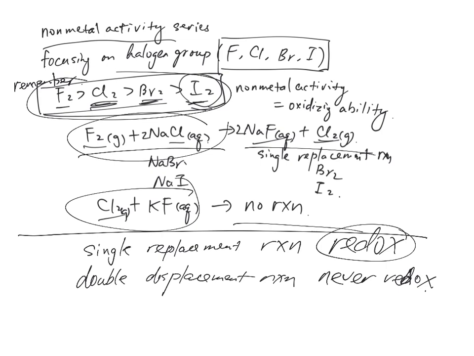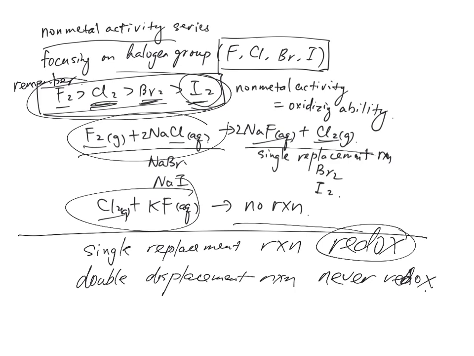Because in a double displacement reaction, you have positive ions and negative ions exchanging partners. During that process, your positive ion is still a positive ion, and your negative ion is still a negative ion. You didn't have any electrons transferred from one species to another. And if you don't have that, you're not redox.